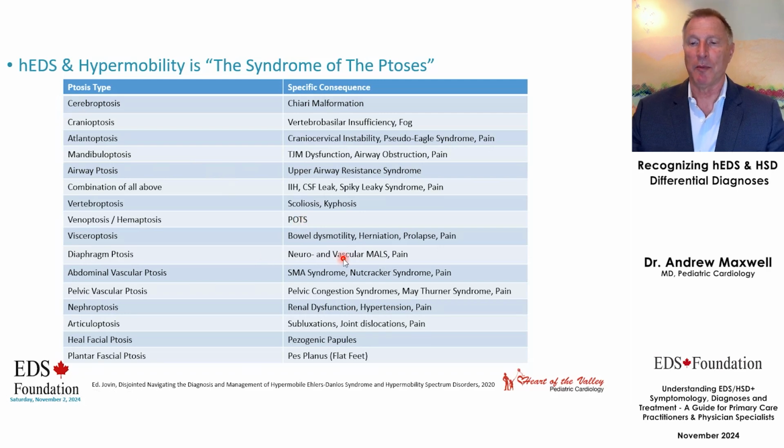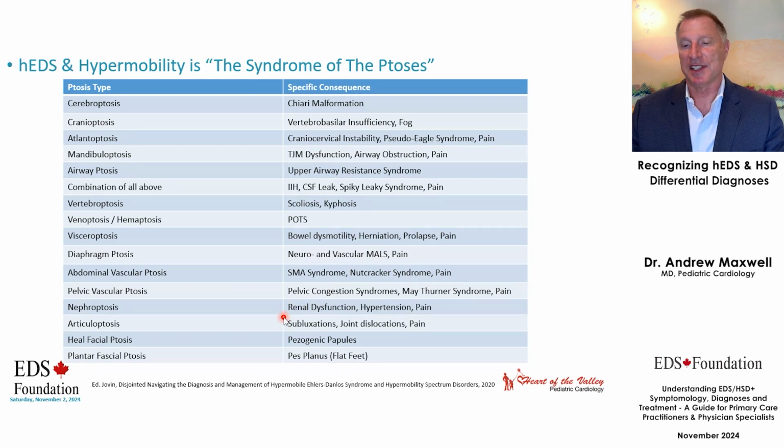Diaphragmatic ptosis, creating median arcuate ligament syndrome, resulting in either neural or vascular malformations. Abdominal vascular ptosis, creating superior mesenteric artery syndrome and nutcracker syndrome. Pelvic vascular ptosis, resulting in pelvic congestion syndromes, including May-Thurner syndrome. Nephroptosis, the sagging of the kidneys, creating renal dysfunction and hypertension.